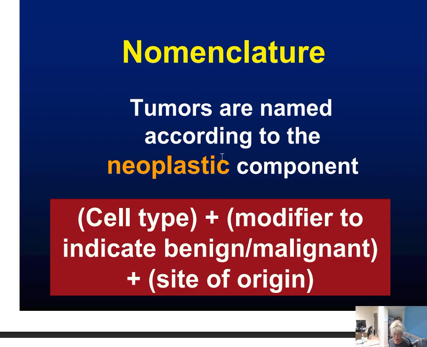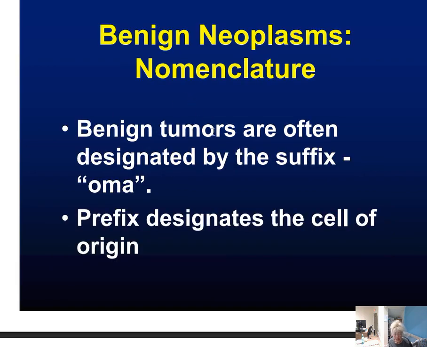So tumors are named according to their neoplastic component: cell type, epithelial or mesenchymal, the modifier to indicate whether it's benign or malignant, and the site of origin, bone, osteo, as an example. Benign tumors are often designated by the suffix "oma," and the prefix designates the cell of origin.